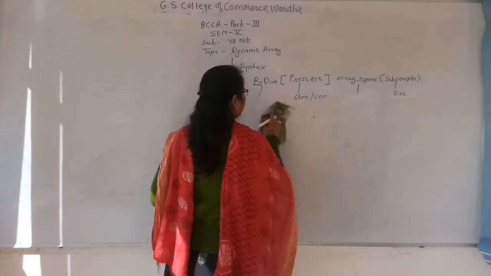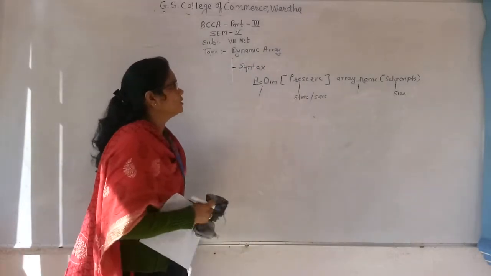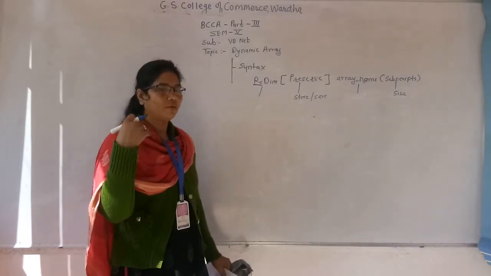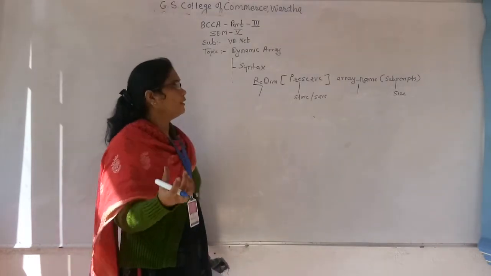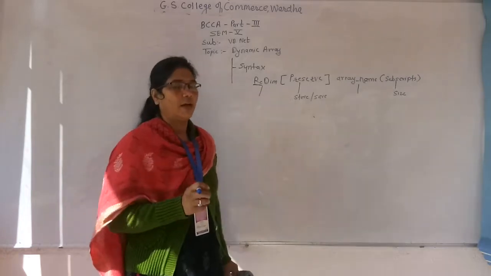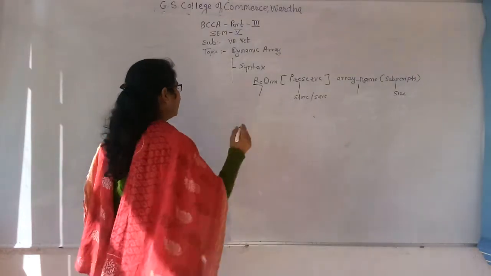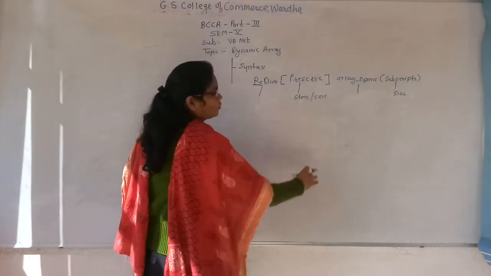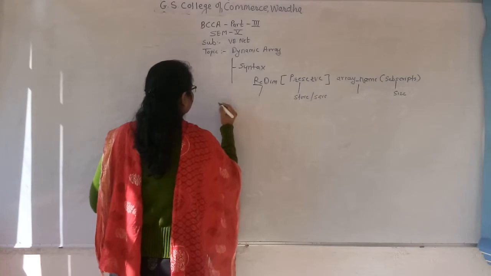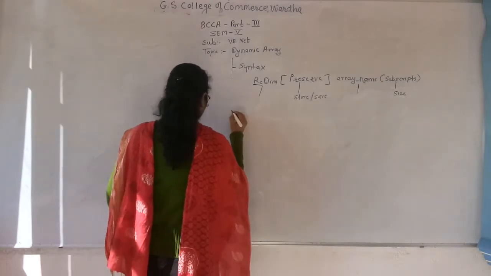So this is the syntax which is used to redimension the array, or we can say to dynamically assign the size of an array. I will give an example for that. In console programming, we have to write the statements.